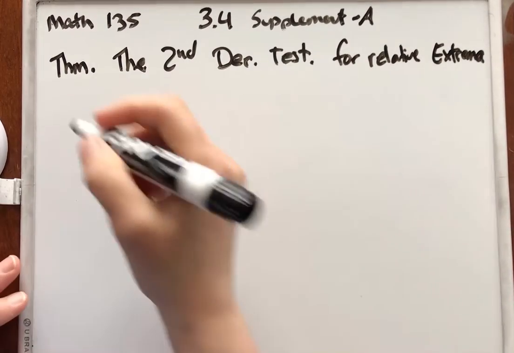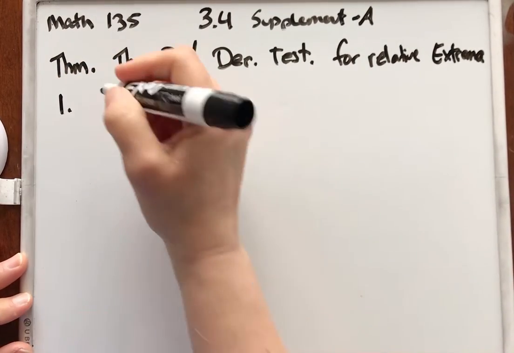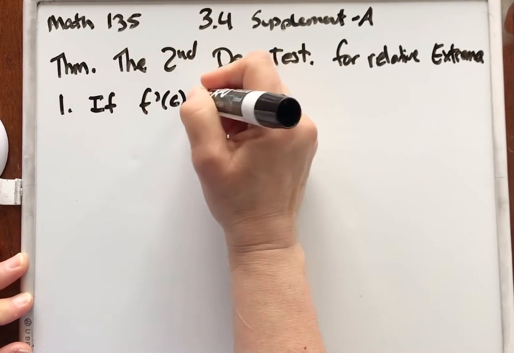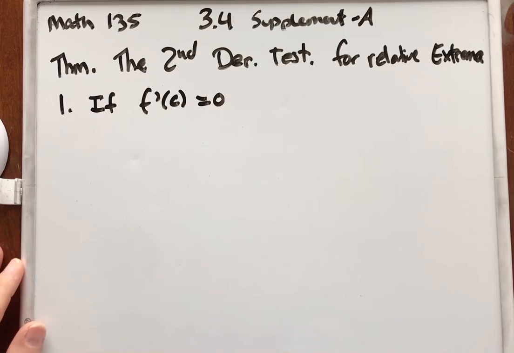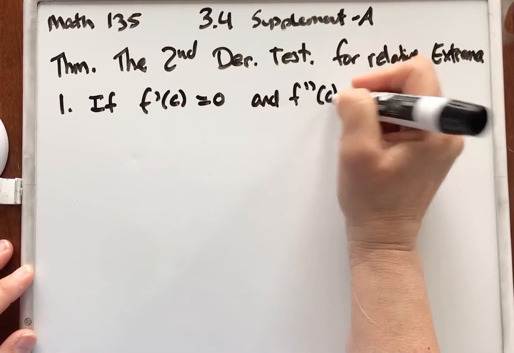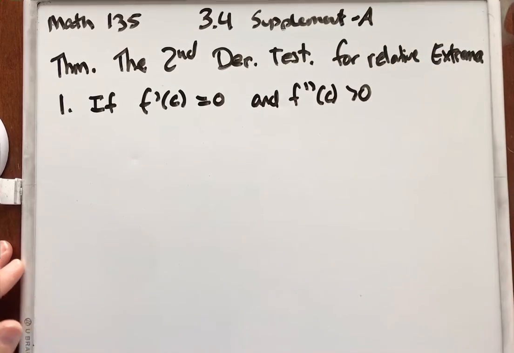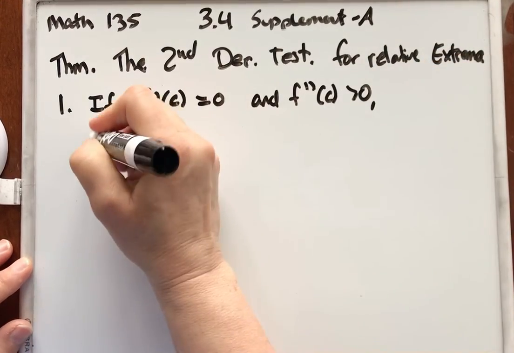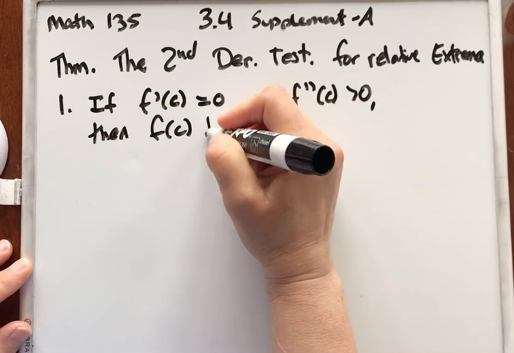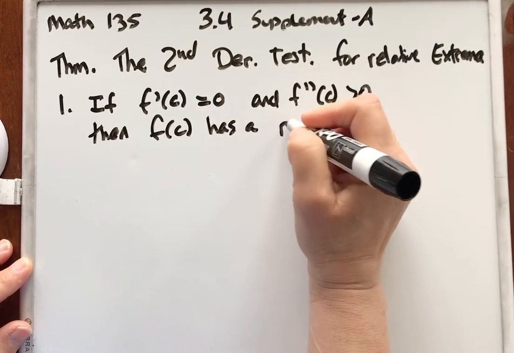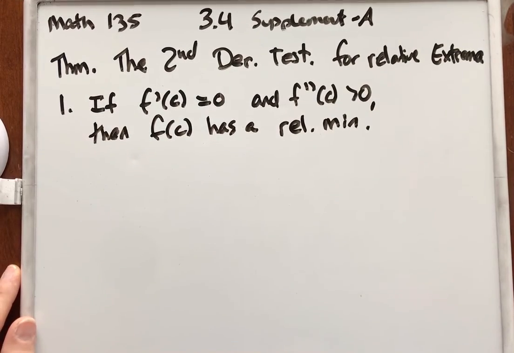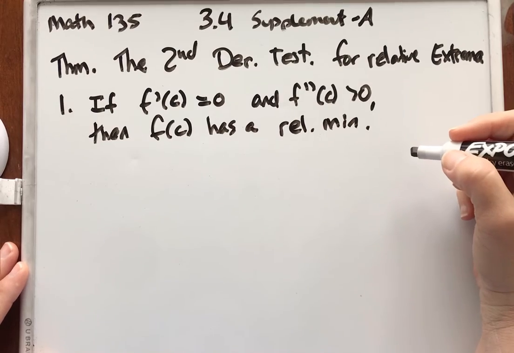Okay, so here is the second derivative test. If f prime of c equals 0, and f double prime of c is greater than 0, then f of c has a relative minimum. Okay, what would that look like if we have a picture?